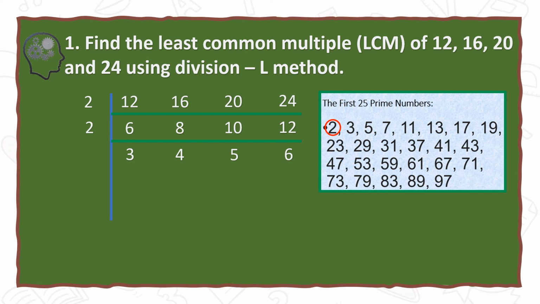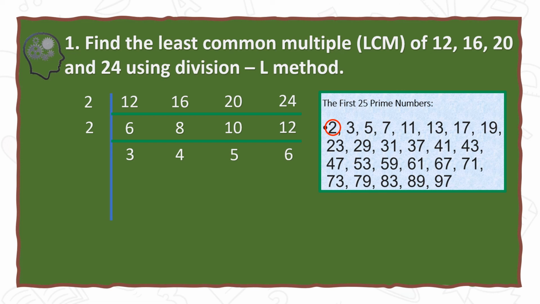Now, let's check if 3, 4, 5, and 6, all of them are divisible by any prime number. I have found out that 3 is not divisible by 2. Okay, now, what are we going to do?